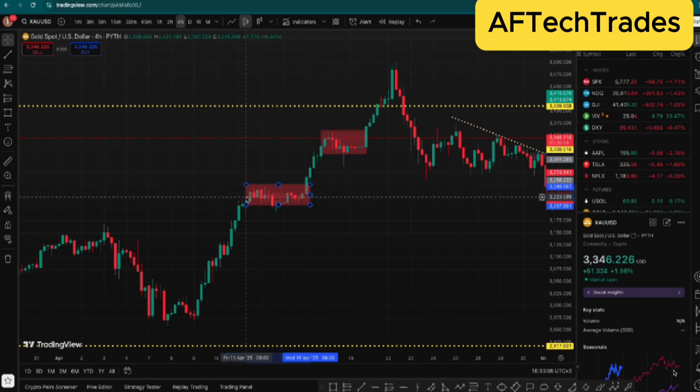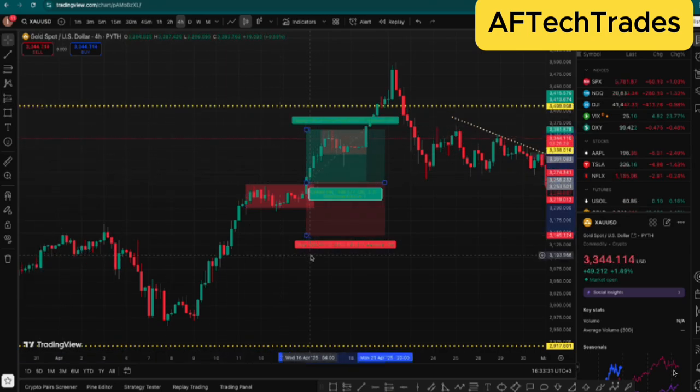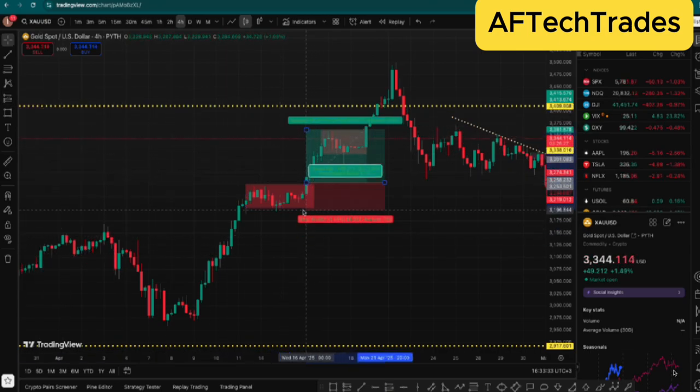The first step to trade this strategy is for you to wait for a breakout of this consolidation. You wait for a breakout and an engulfing candlestick. After a breakout, you notice that the candlestick closes above the breakout, right? Then you enter the trade. After you have observed this, you take a long position, right?